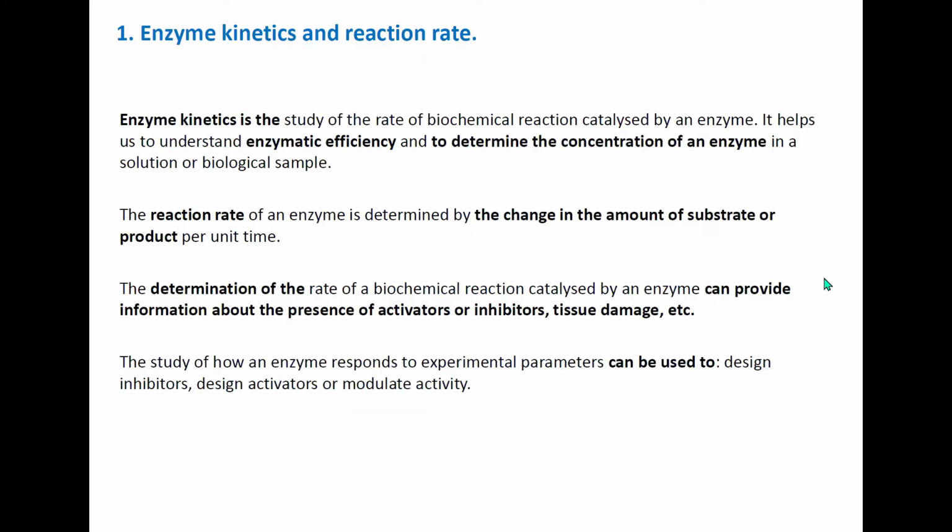Let's say we have A plus B, in the presence of an enzyme, to produce C plus D as the product. So when we say enzyme kinetics, it means how fast or how slow the enzyme can be converting the substrate here to product. And that is what we are also going to look at in this video.